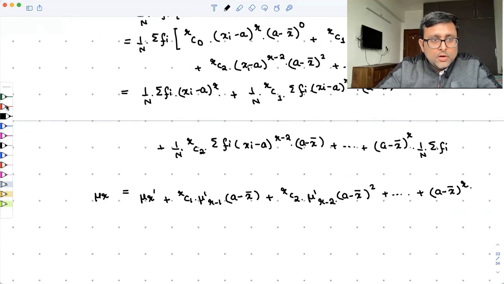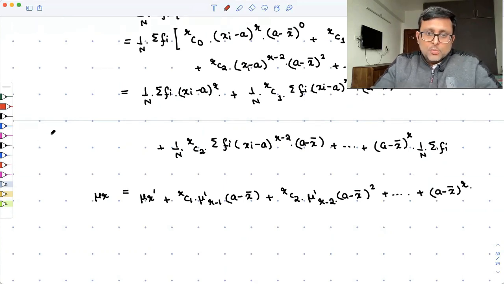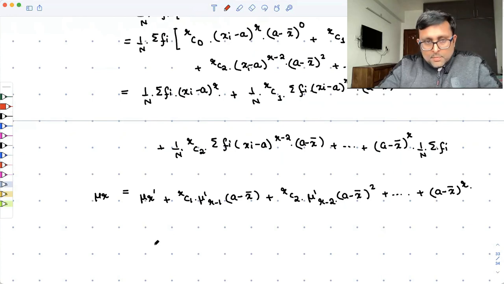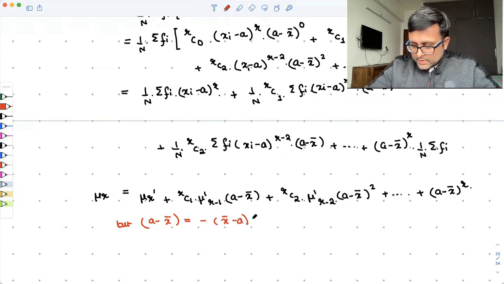This is a little involved, but it's going to be useful to you because you should know where these formulas are coming from. But a minus x bar could be written as minus of x bar minus a, right?